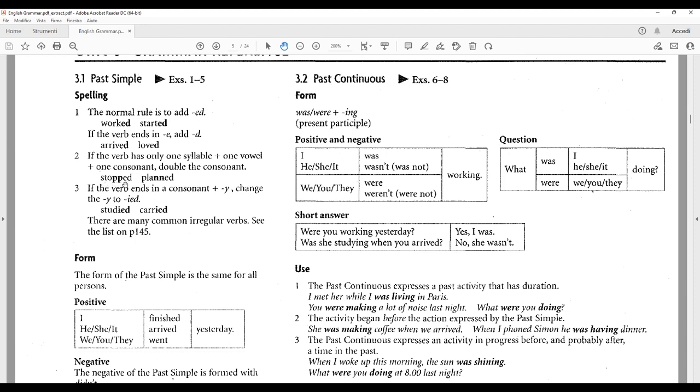Stop becomes stopped. Plan, consonante, vocale, vedete c'è una vocale prima della consonante, plan, non è plan, è planned, quindi si raddoppia l'ultima consonante, planned, doubled consonant, stopped.